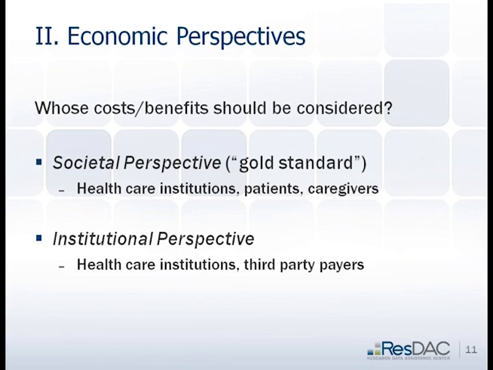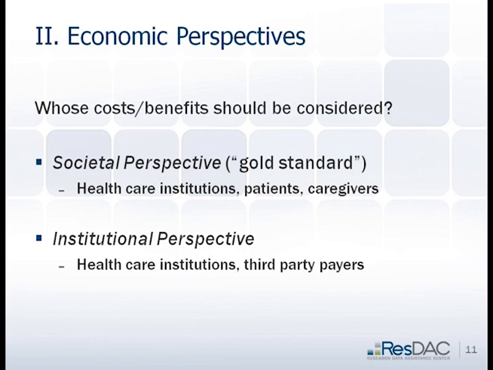What's the cheapest way to go about doing something? Or how expensive is this particular procedure or treating a particular disease? So from an institutional perspective, that's what you're basically left with. If you're just dealing with Medicare data by themselves, you're taking the perspective of a third-party payer. In this situation, it would be Medicare.